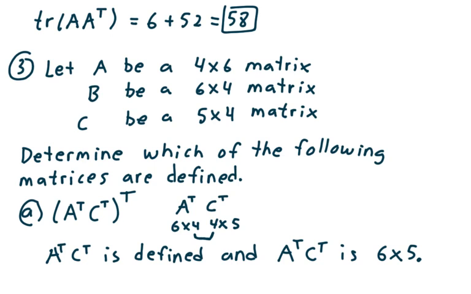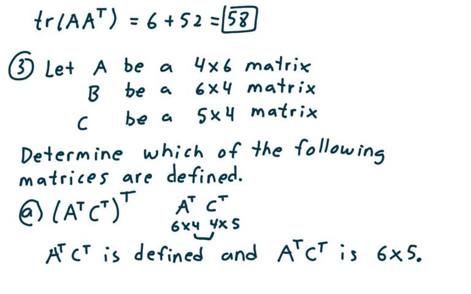And so when I take the transpose of it, the transpose of A transpose C transpose is, now let's remind ourselves, A transpose C transpose is 6x5. So the transpose of A transpose C transpose is 5x6. Okay. Now, let's take a look at B.